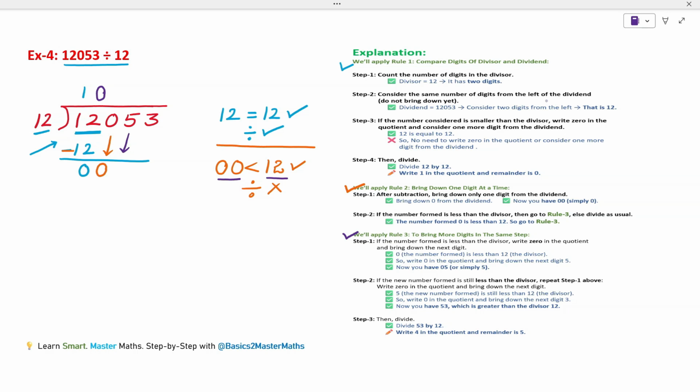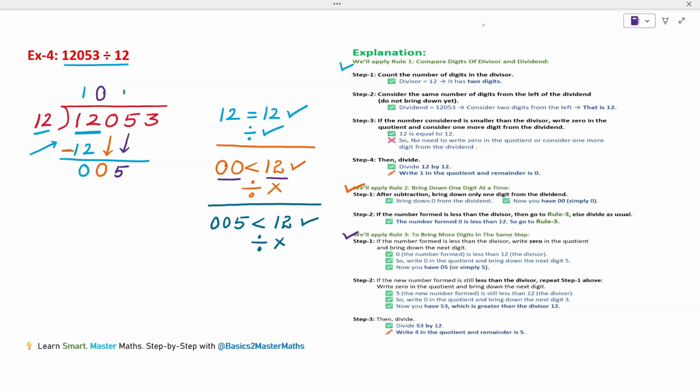So, bring down the next digit 5 here. Now, the new number formed is 5, which is again less than the divisor 12. Hence, you cannot divide it.